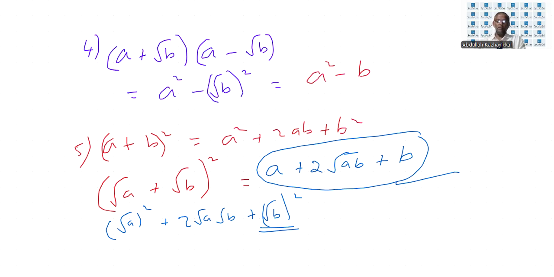In identities, for all values of the variable, it will be true. But equation, especially that be certain value, it will be true. Formula also for certain object. What is the formula of area of a rectangle?